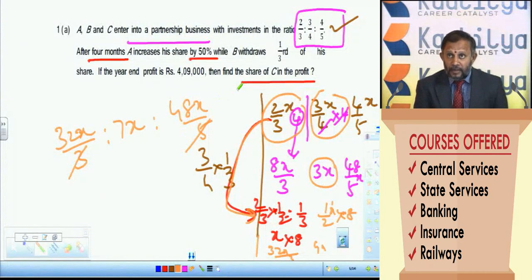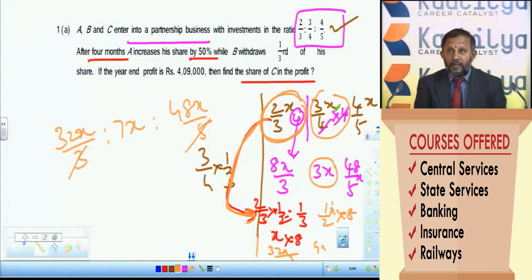So instead of taking the total investment as x, 2 by 3 of x is the investment of A for the first 4 months. Next, for the remaining 8 months, it was 1/3 of x more, that is 2 by 3 plus 1 by 3, because the investment of A is increased.